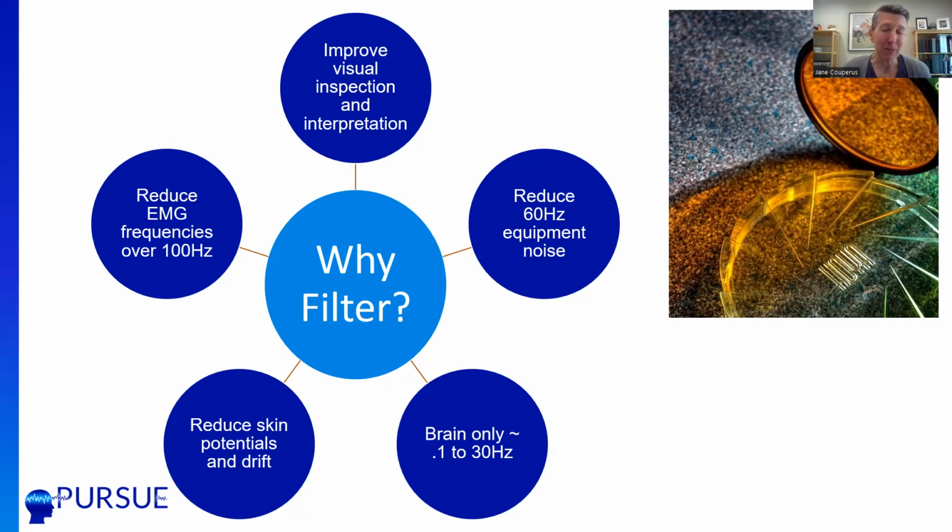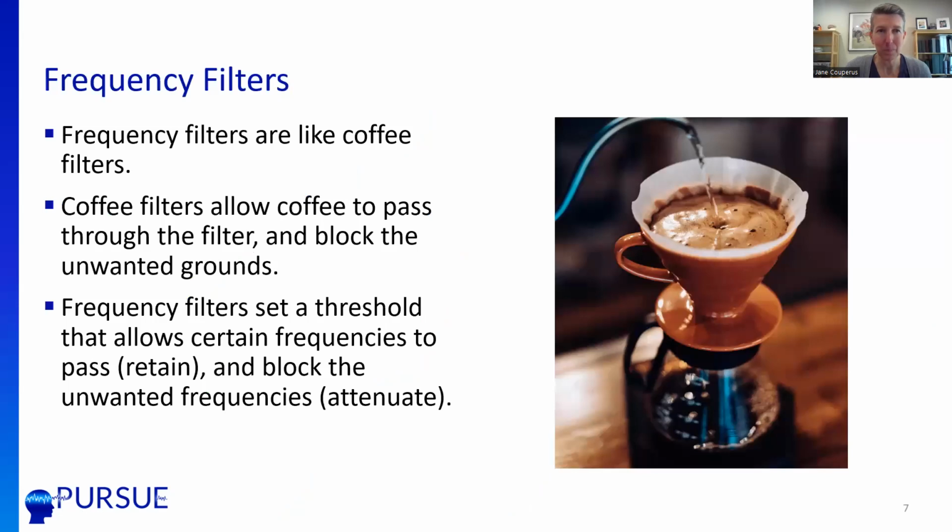We also want to get rid of some muscle movement noise, which is high frequency, and low frequency activity like skin potentials. We want to get rid of these because brain activity is really only occurring between about 0.1 and 30 hertz. And so we want to reduce all the higher and lower frequency activity from that as best we can.